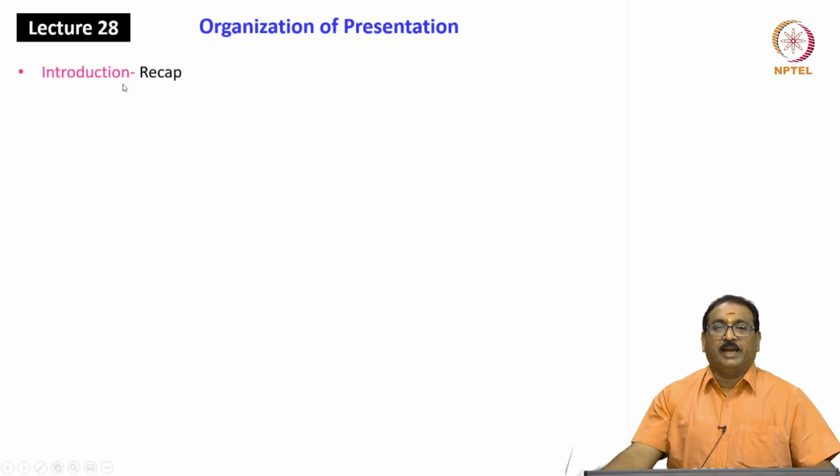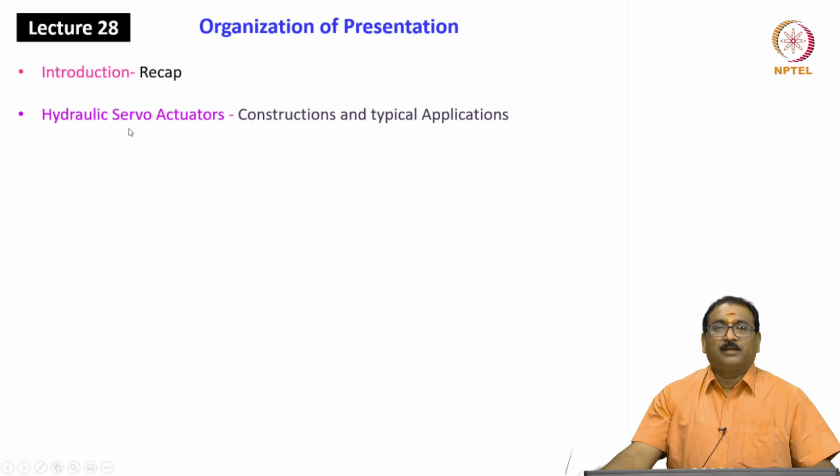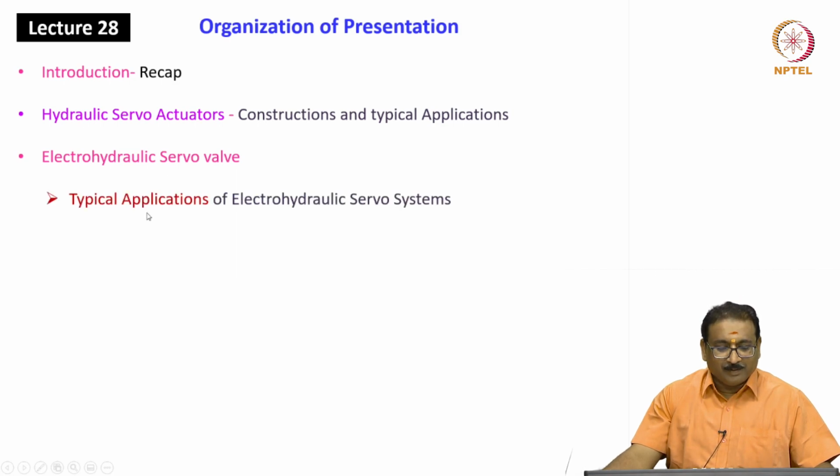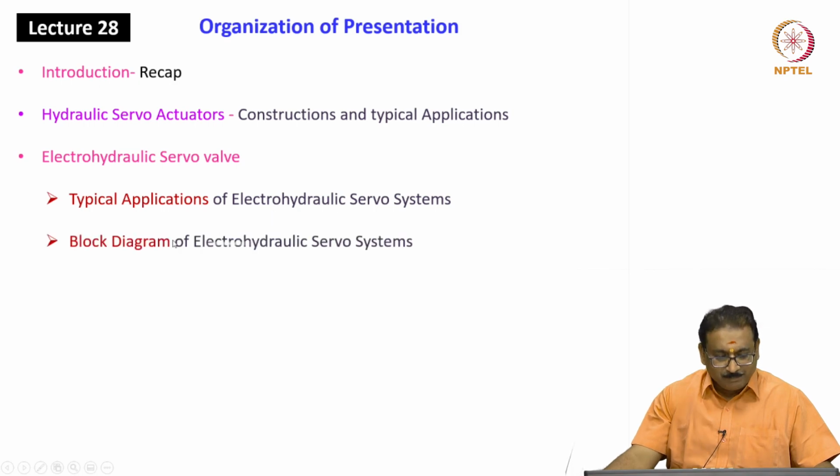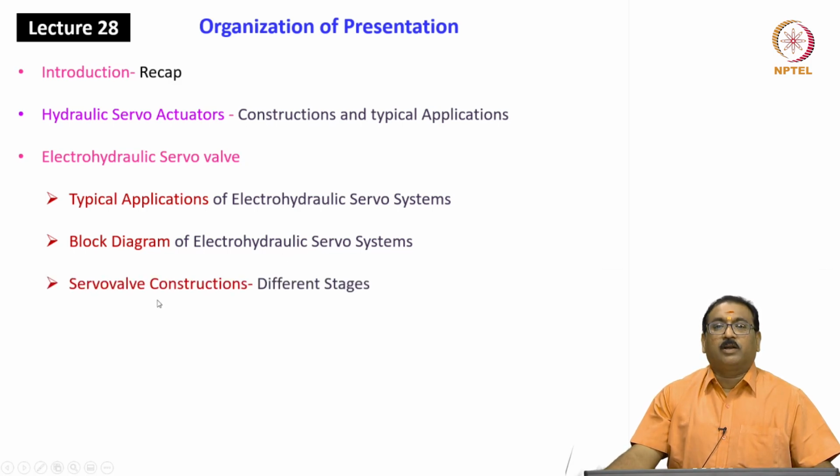Quickly, I will give you the introduction, then hydraulic servo actuators, construction and typical applications very quickly because these are the mechanical servos. Next we will move on to the electrohydraulic servo valve, typical applications of electrohydraulic servo system, block diagram of electrohydraulic servo systems, servo valve constructions.